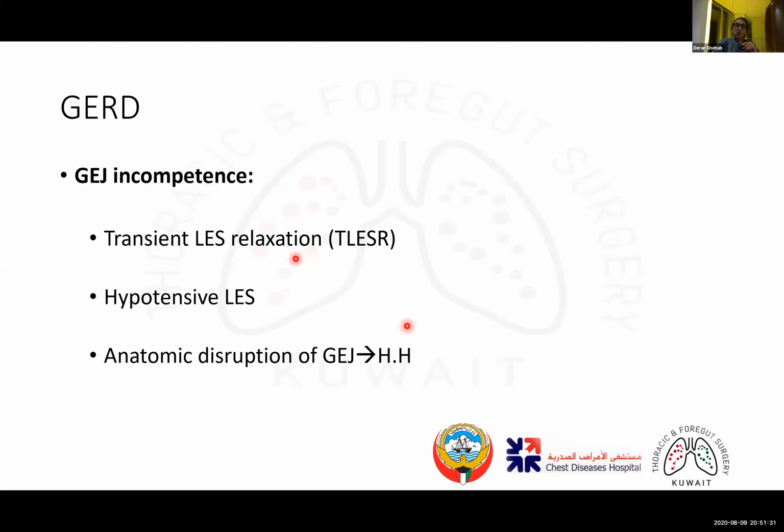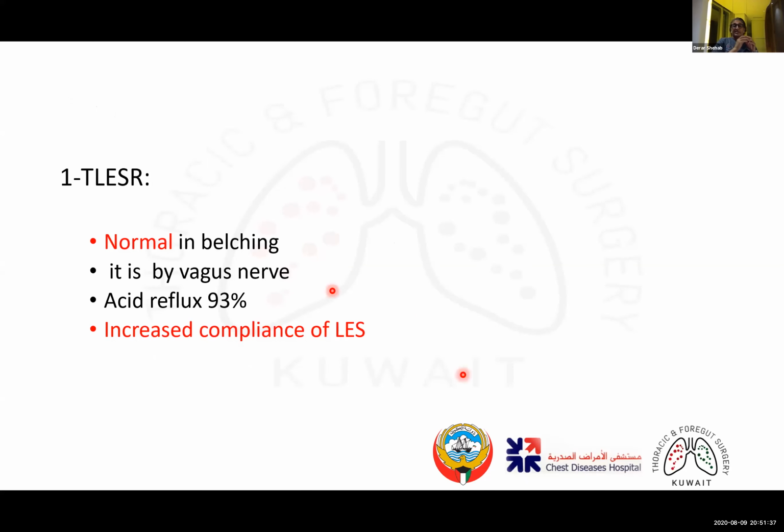But recently, everybody is talking about the transient LES relaxation. The transient LES relaxation is a normal protective mechanism in belching, allowing the stomach to vent the air into the esophagus.